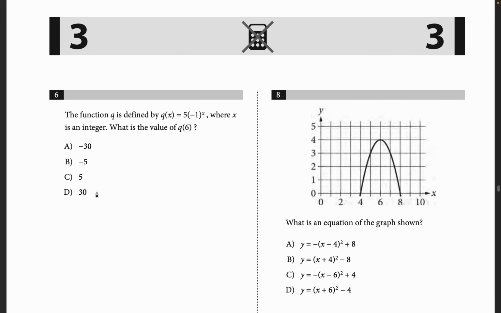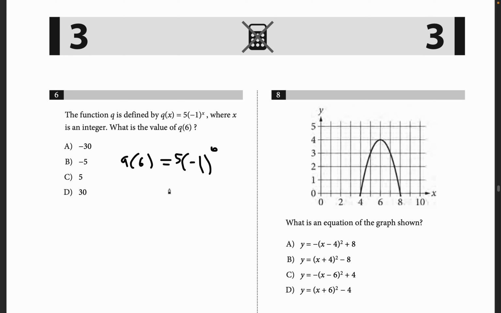The function Q of x, okay, Q of 6 equals 5 times negative 1 to the power of 6. So let me see how you would do negative 1.